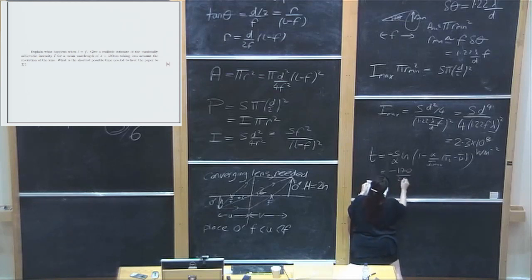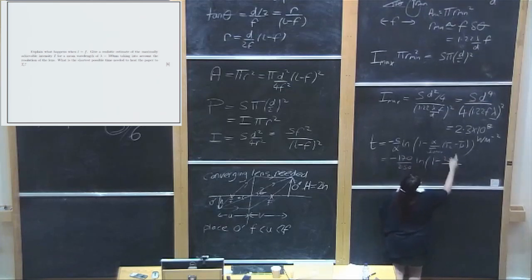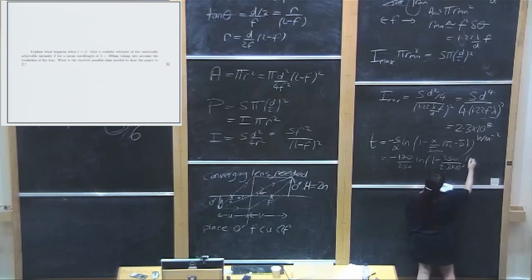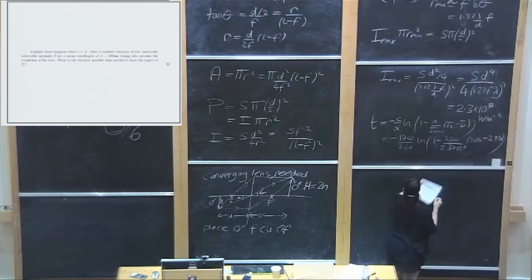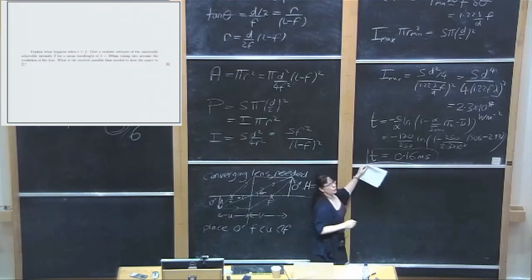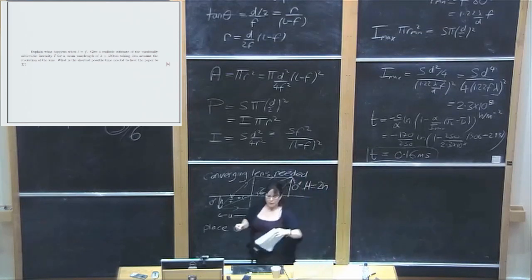This is all in the question. 1 minus 250 over the thing we have just calculated, times 506 minus 293. And that turns out to be about 0.16 milliseconds. Don't know if any of you have tried to set light to a piece of paper, have you? I've never done it that fast.